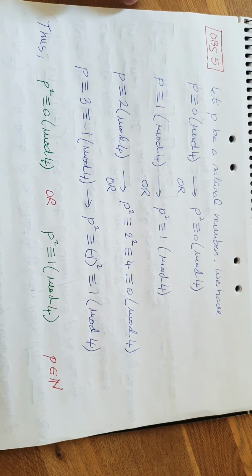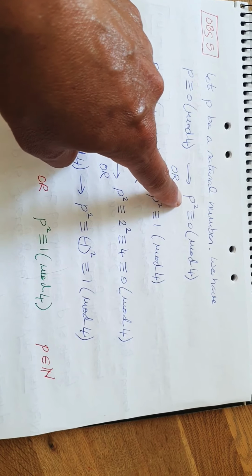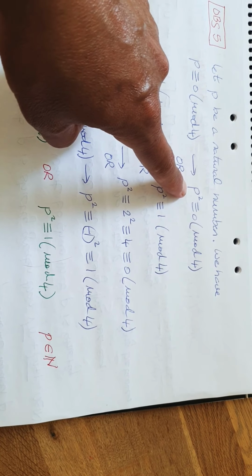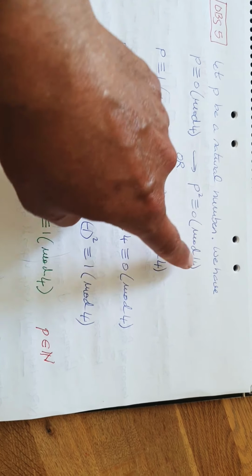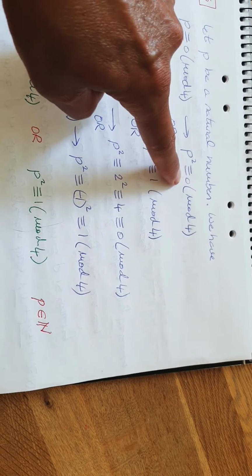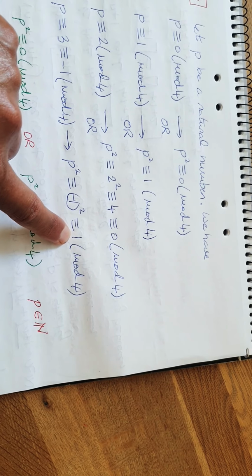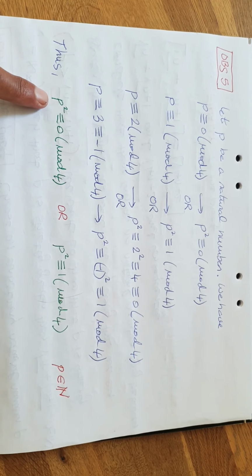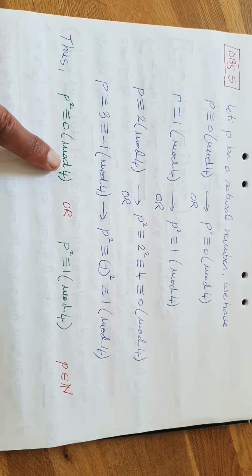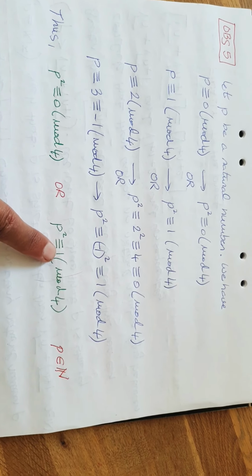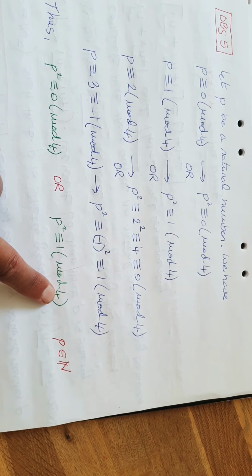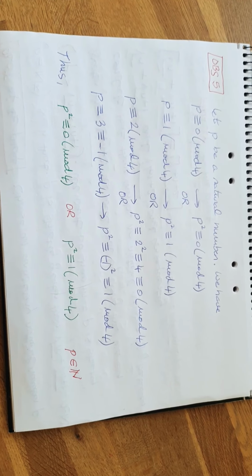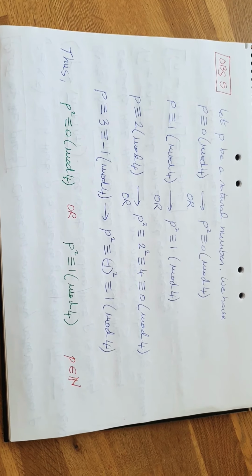Which means that by squaring any natural number, the remainders upon division by 4 would be 0 and 1. So thus, p squared is congruent to 0 mod 4, or p squared is congruent to 1 modulo 4, where p is a natural number. So those were my 5 observations.